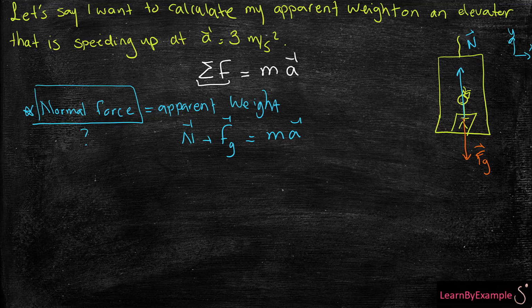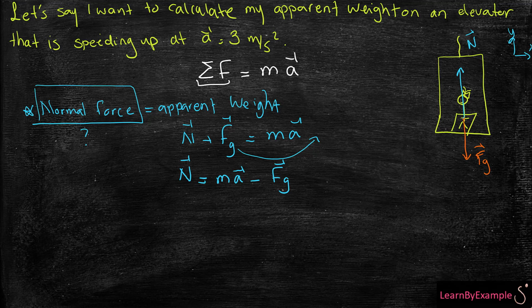Now, once I have this, I'm going to solve for the normal force. I'm going to keep the normal force on the left-hand side, write ma on the right-hand side, and bring Fg to the other side of the equation. So the sign will change and I will have my force of gravity on the other side. Now I want to find out what Fg is, the force of gravity, which is equal to mg.